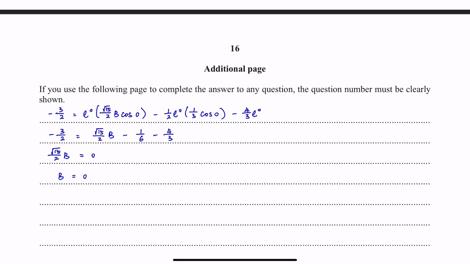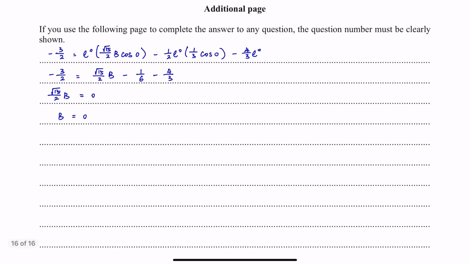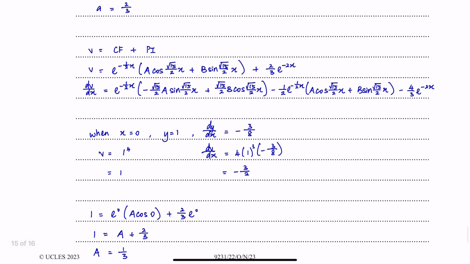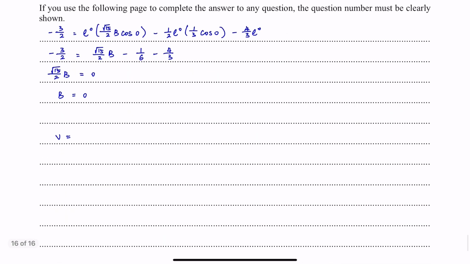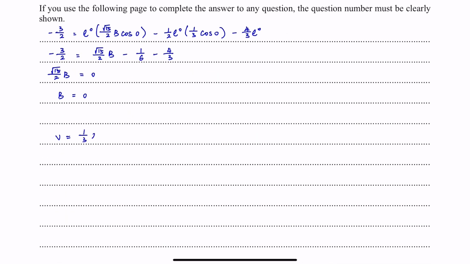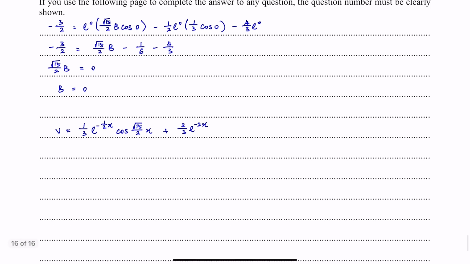So we can now write the equation as v equals one-third e to the negative half x cos √15 over 2 x plus 2/3 e to the minus 2x. And v is y to the power of 4.